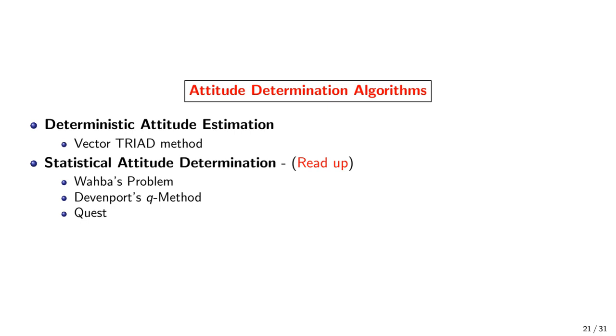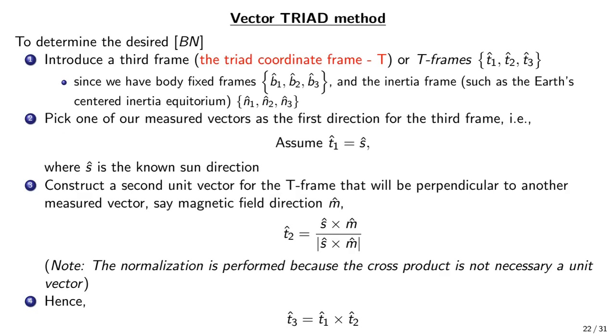And this is how we determine our desired matrix Bn, also known as our rotational matrix or the cosine matrix. Remember the previous slide, I put a big question mark to say, how do we find this matrix? So this is the algorithm. This is the way by which we can obtain this matrix.